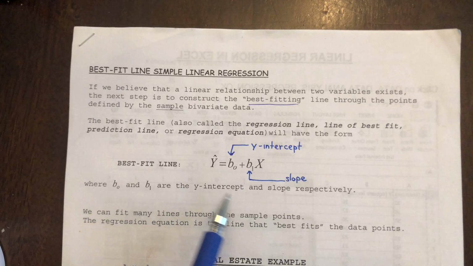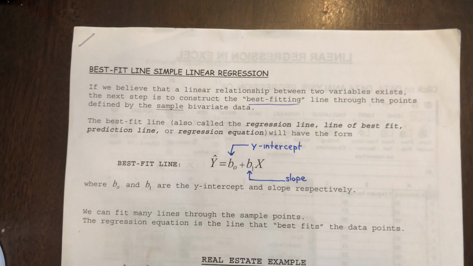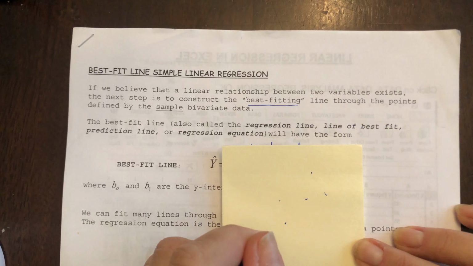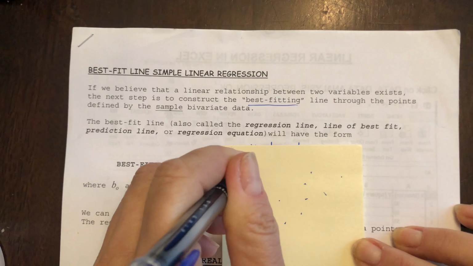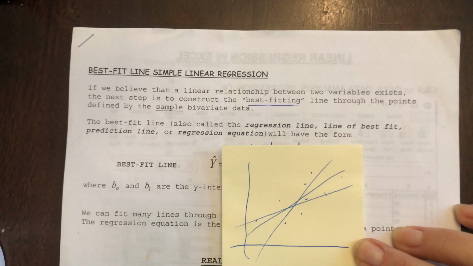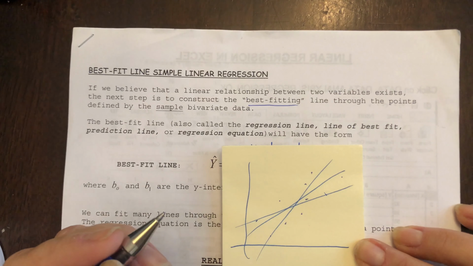So the regression procedure gives you the best fit line through the points. Again, we can fit many lines through our sample points. If you think about that, if we have points that look like this, there's lots of lines we can fit through it. We can fit all sorts of lines, and what we're trying to do is fit the best one, and that's what regression does.